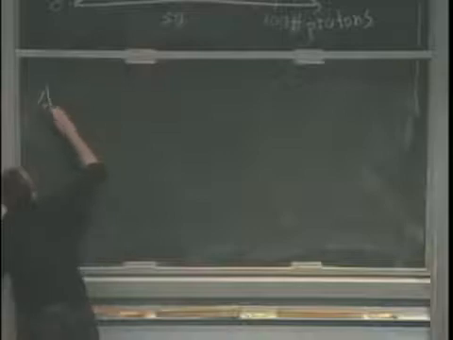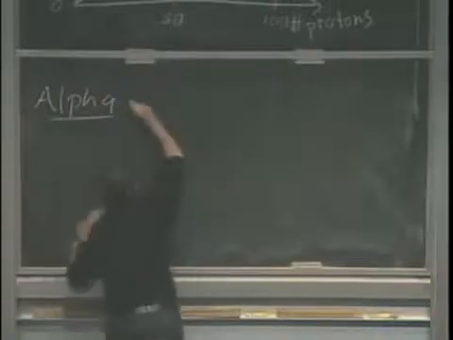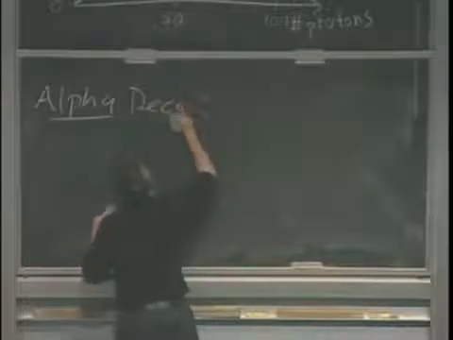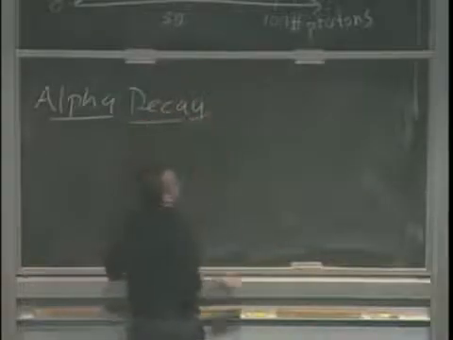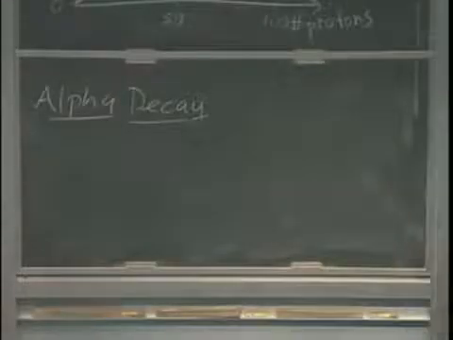And there are three primary types. The first is probably the most difficult to understand, and it's what we call the alpha decay. So there's alpha, beta, and gamma decay, which you've probably heard of from science fiction movies, different types of radioactivity.